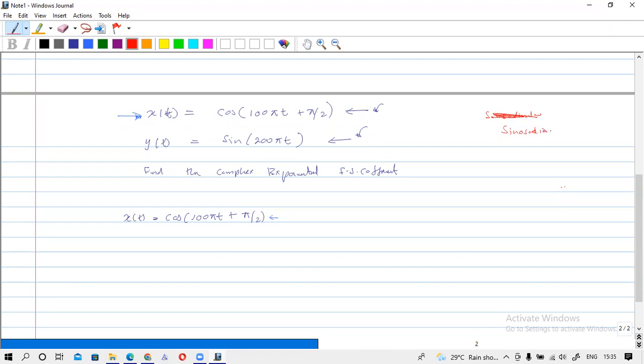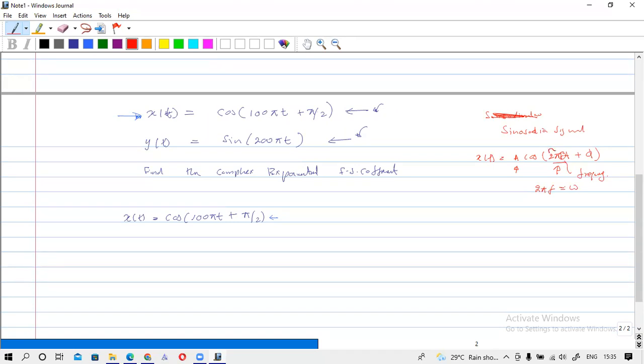Okay. So this is the default representation of a sinusoidal signal: A cos(2πft + φ). You know that this A is the amplitude, and this term 2πf is related to the frequency. Actually this f is the frequency. If you multiply f by 2π, you will get omega, the angular frequency.